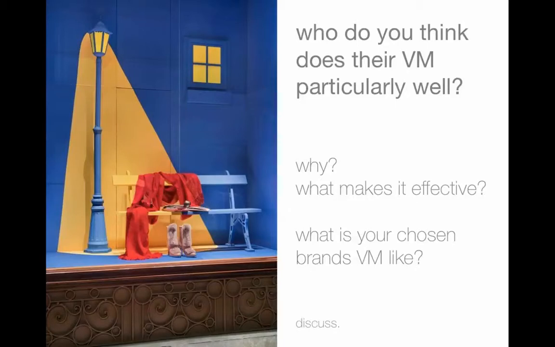Being aware of who does their visual merchandising particularly well and what makes it effective in your opinion. What is it about the visual merchandising that makes it particularly striking or effective in your opinion?